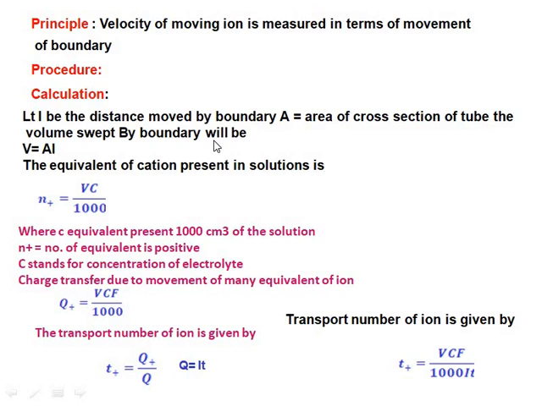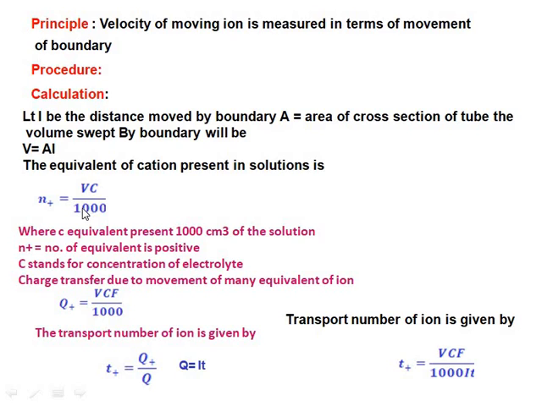The volume swept by the boundary will be capital V equal to capital A into L. A is the area of cross section, L is the distance moved by the boundary, and therefore the equivalents of cations present in the solution, n plus, equals VC upon 1000.